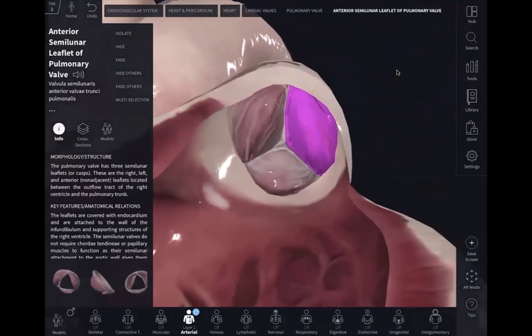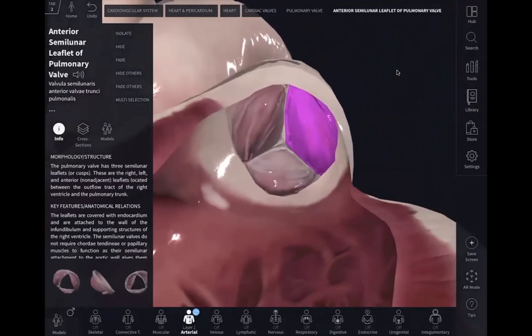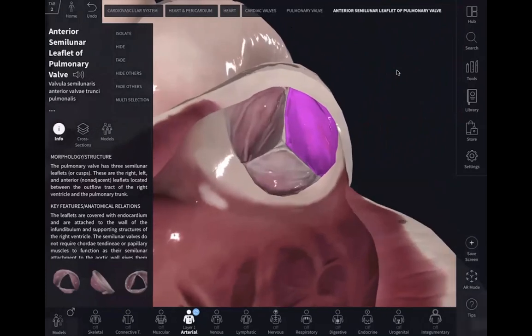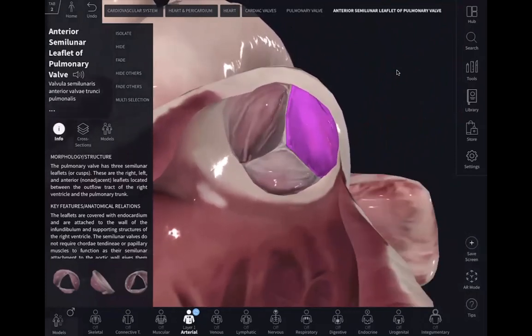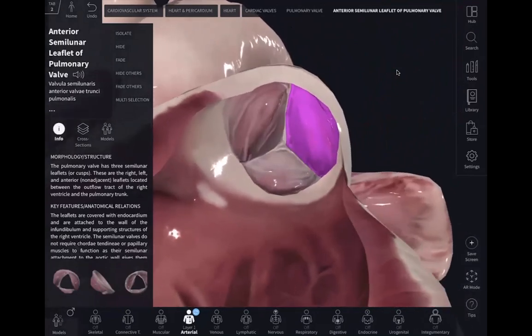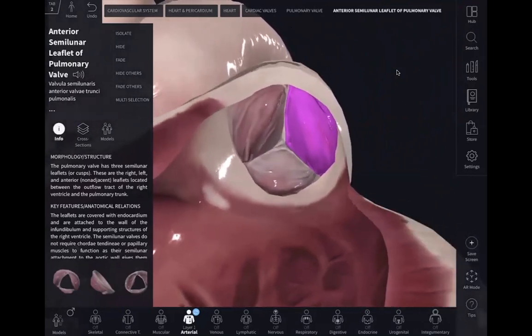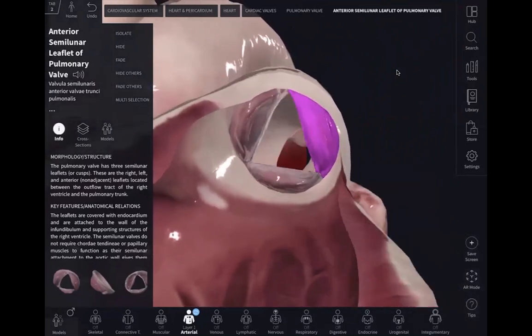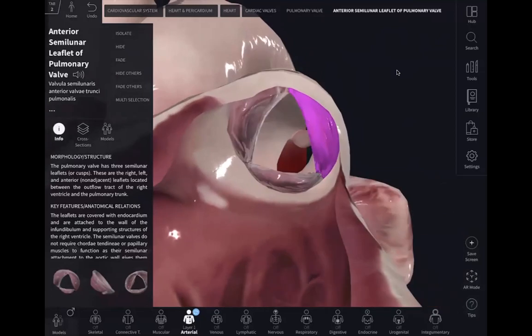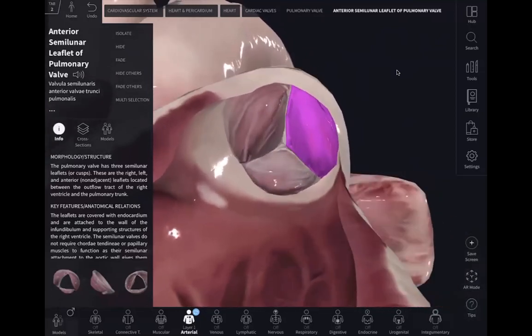Just remember all the valves. All the valves are mainly three-cusped, except the bicuspid mitral one, which is on the left-hand side, the left atrioventricular valve.